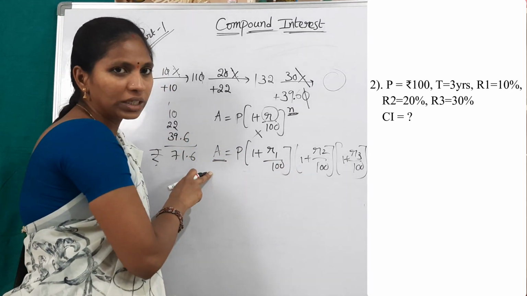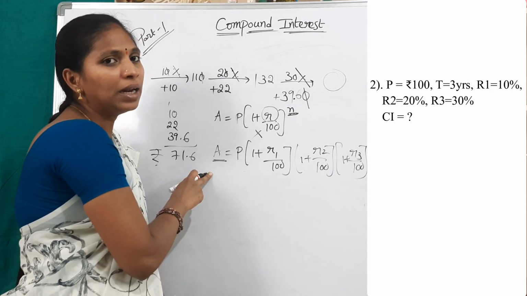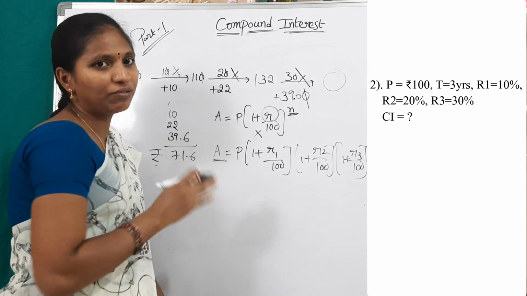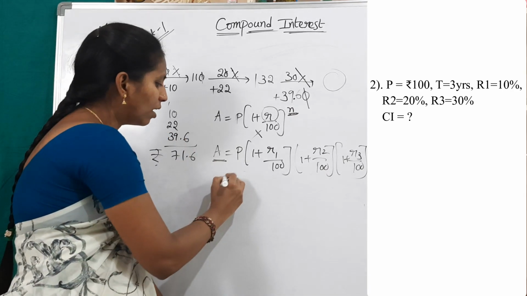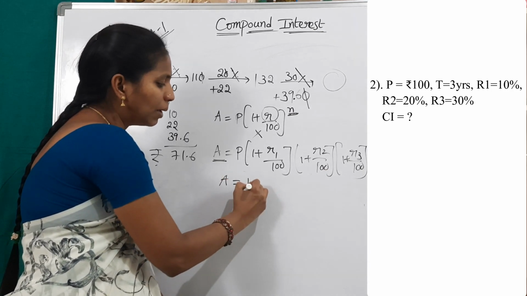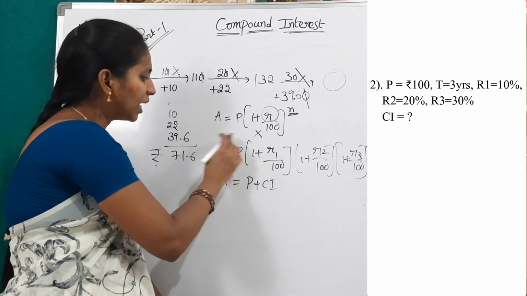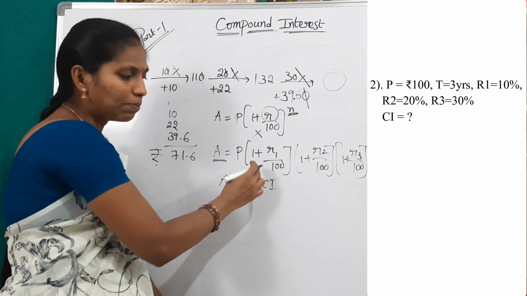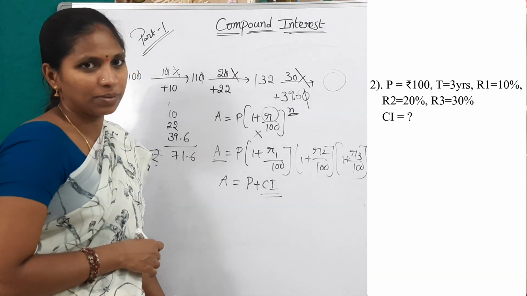After getting amount, you should subtract principal from this amount, then we can find compound interest. Because the formula for amount is P plus I, A equal to P plus I.